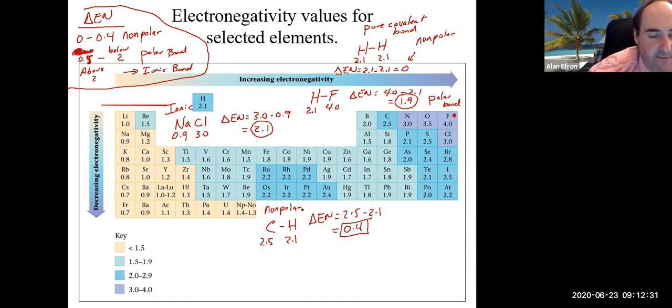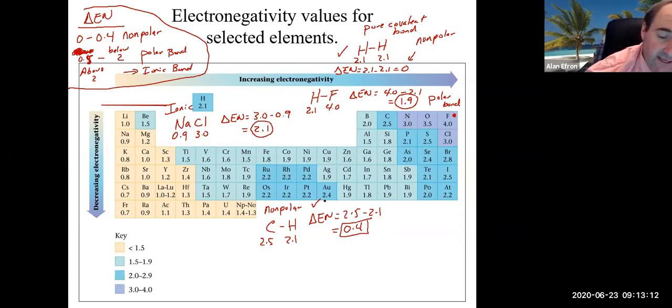Now, this also brings up a good point if you think about the difference in electronegativity that we see with our H2 and also our CH. They are both considered nonpolar bonds. One has a difference in electronegativity of 0, which would imply perfect equal sharing of those electrons, while the other has a difference of 0.4, which is still considered a nonpolar bond, still considered to share the electrons equally. But in reality, these electrons are not being shared perfectly equally in the case of CH.